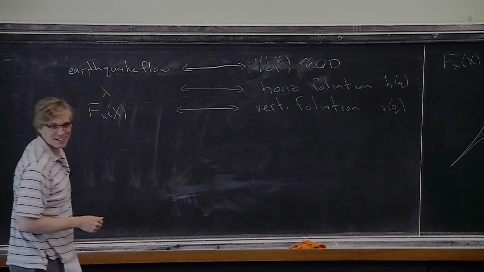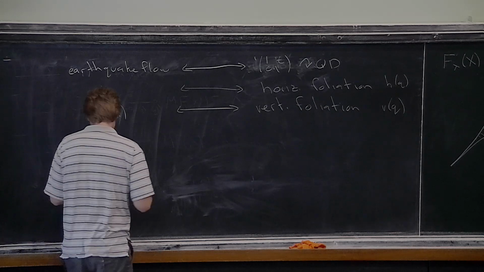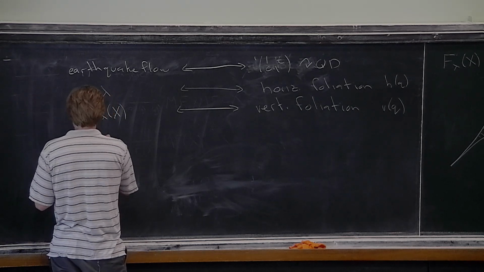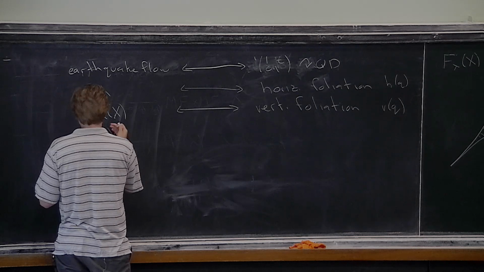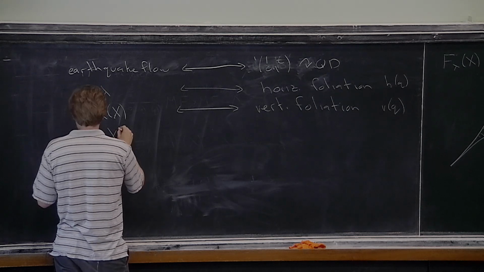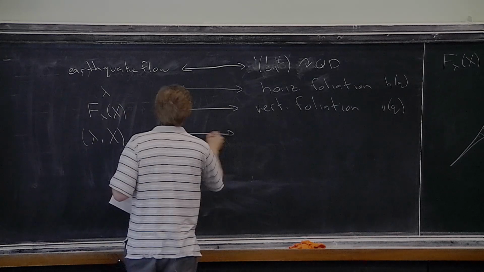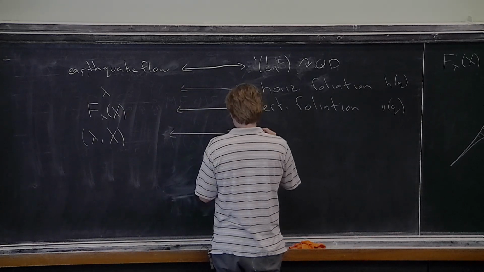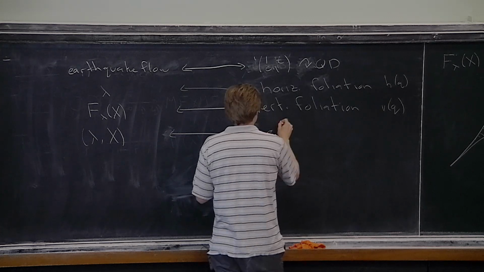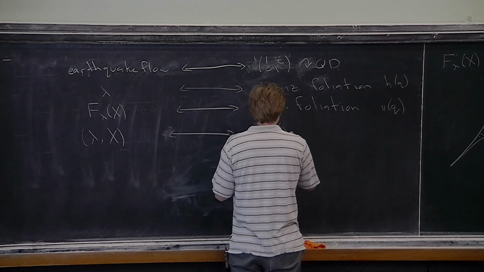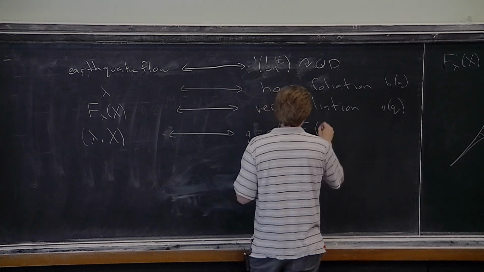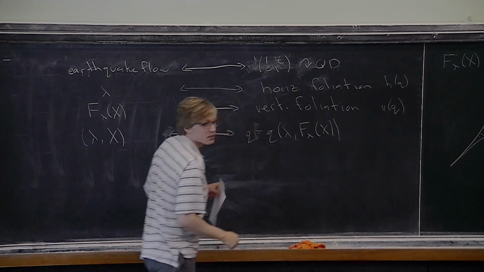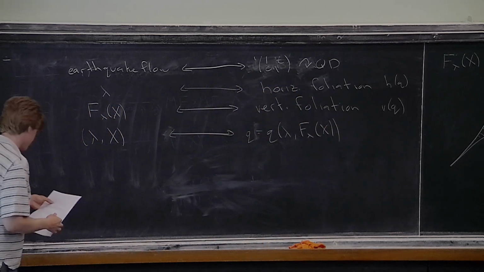Then the pair lambda, x corresponds to the quadratic differential q, and this quadratic differential is lambda, F lambda of x. So that's the map, that's the conjugacy.